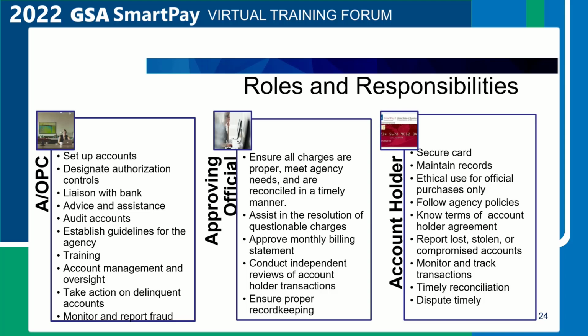The AOPC is responsible as the focal point for answering questions related to the program, and they coordinate the intake of charge card applications, the issuance of cards, and destruction of cards. They review reports on a regular basis, and they monitor for misuse, fraud, and abuse. Also, an AOPC can arrange for proper training on the card.